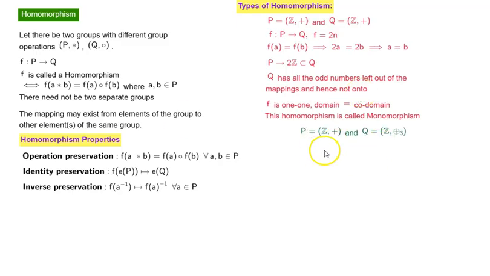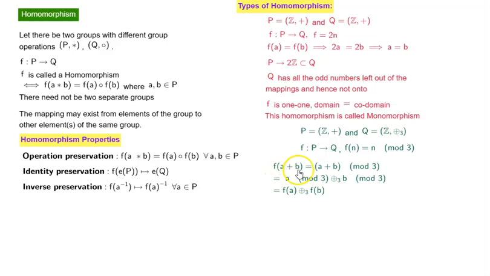Okay. Another example, or rather, another type of homomorphism. Let's say P is equal to the set of integers under addition and Q is equal to the set of integers under addition modulo 3. So F maps P to Q using this function, that is F of n is equal to n mod 3.